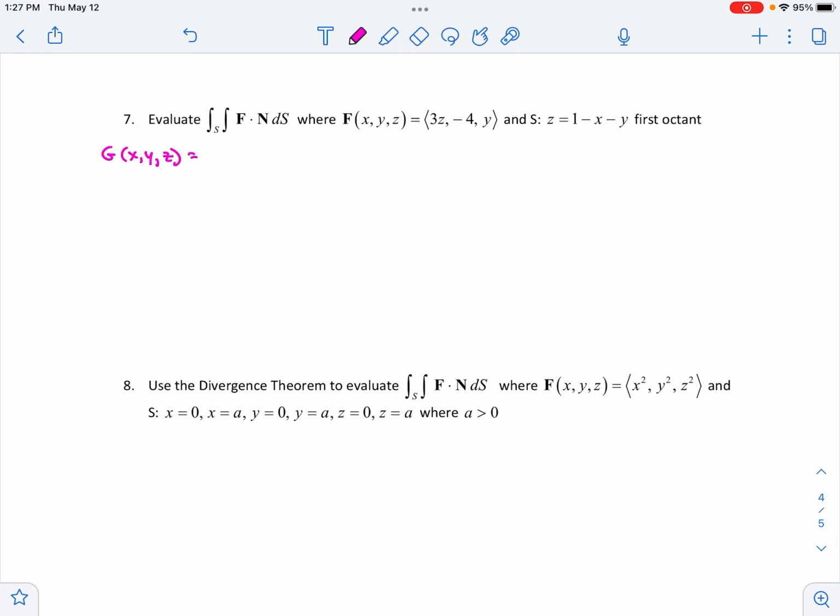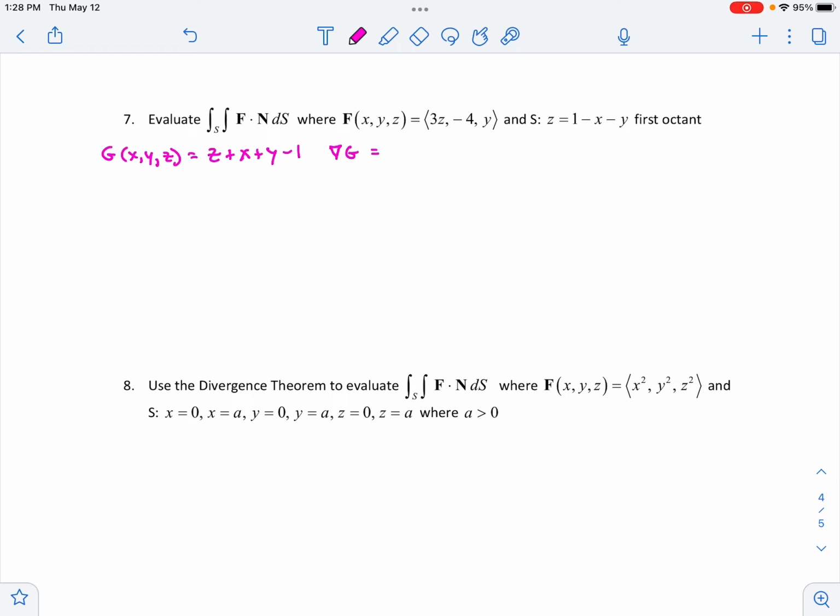I want my orientation to be outward from the graph. In other words, I do this. I bring everything over with the z. Okay, so there's my level surface. And the reason I do that is because I want to get the gradient. I want to get a vector that's orthogonal to that surface.